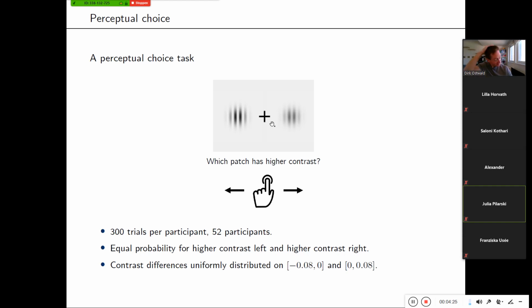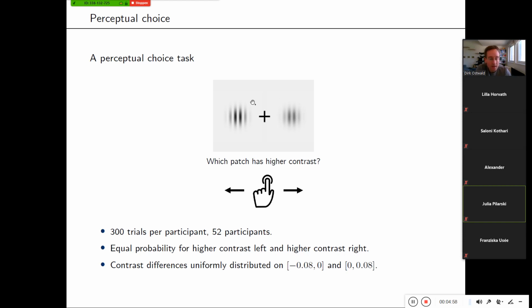Although in PsychoPy it's actually called visibility. In any case, let's call it contrast, and we will call it contrast throughout. And the idea is that the participant has to decide which one has the higher contrast, and if, for example, in this case the left has the higher contrast, the participant presses the left button. If it would be the other way around, the participant presses the right button.